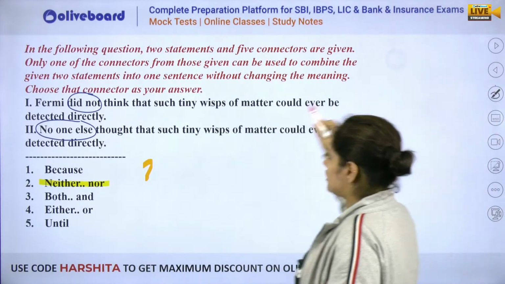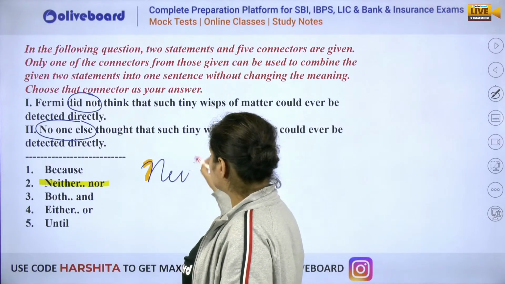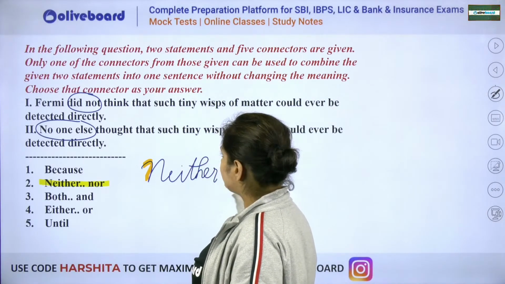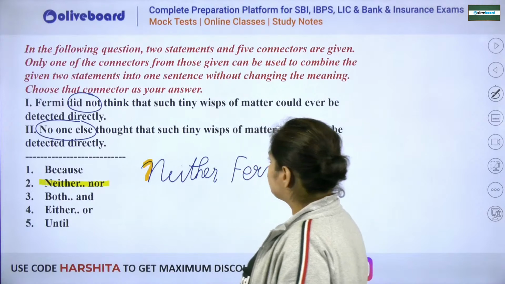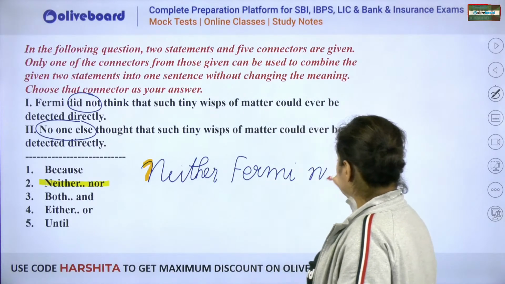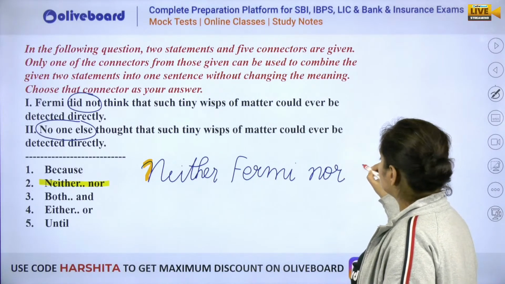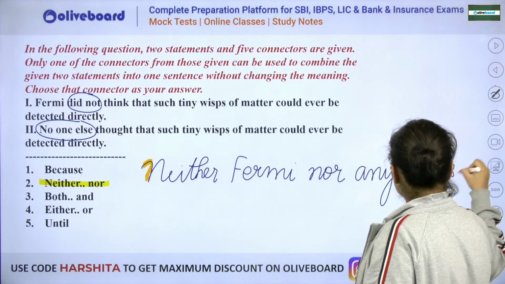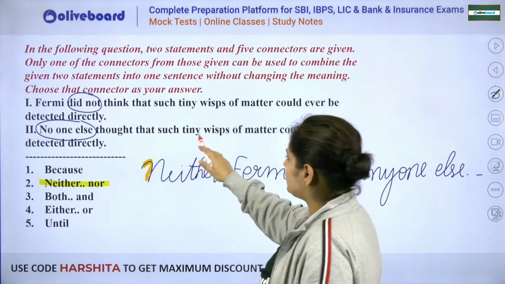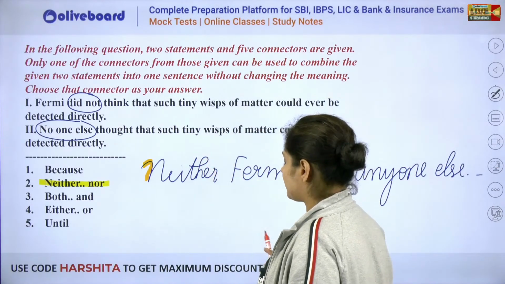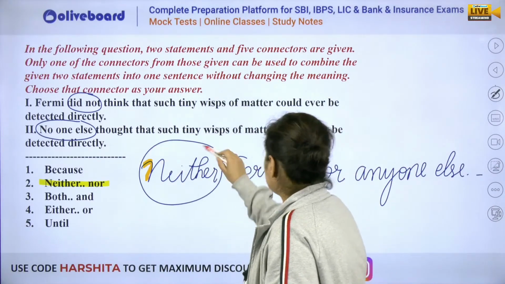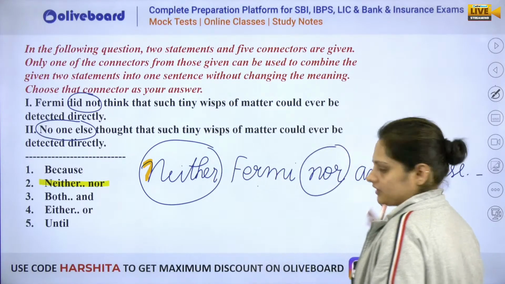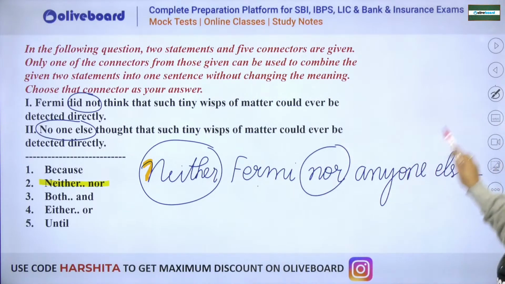If I have to write this or combine this, I'll just use neither nor, which is always placed before the words for which it is used. So neither Fermi nor anyone else, then you can write the complete sentence: thought that such tiny wisp of matter could ever be detected directly. Neither, nor anyone else, neither nor.